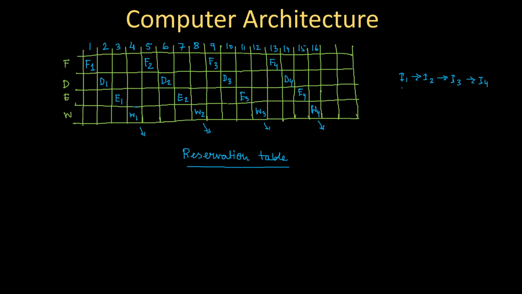So from this reservation table, you can easily understand at which point of time the fetch stage is busy. For example, you can say from this table that the fetch stage is busy in the first clock cycle, then it is free for 3 clock cycles, then again it is busy for 1 clock cycle, again it is free for 3 clock cycles, and so on.